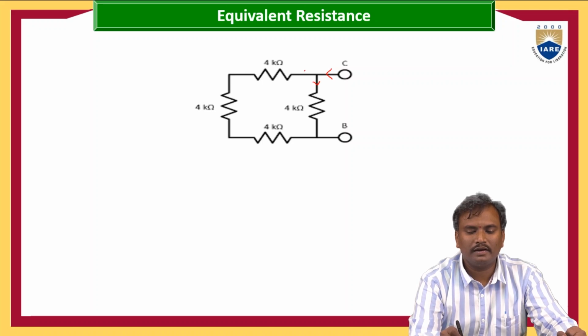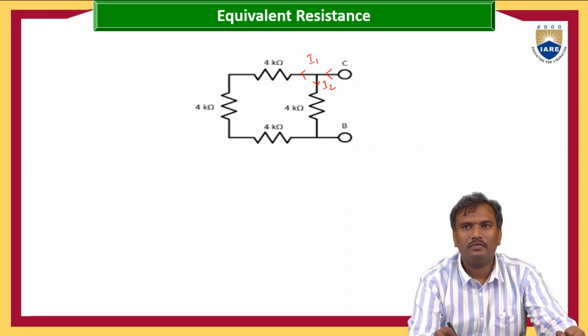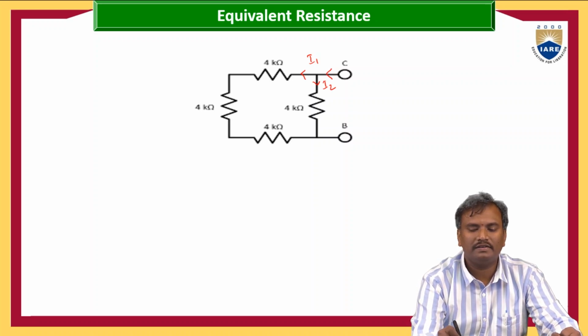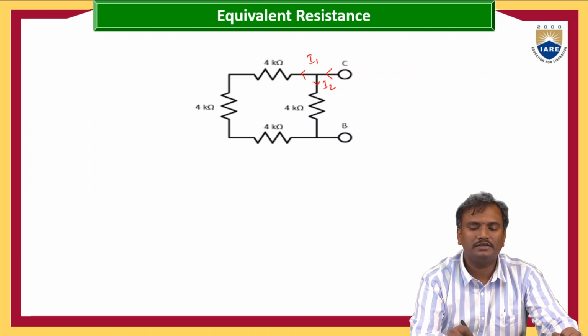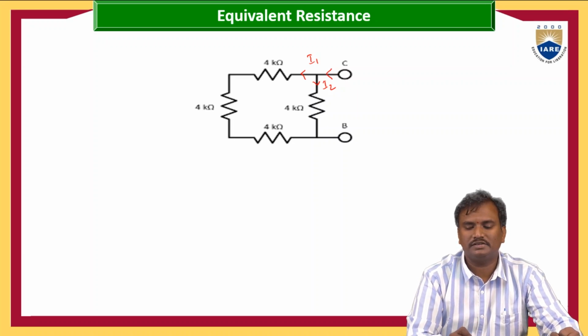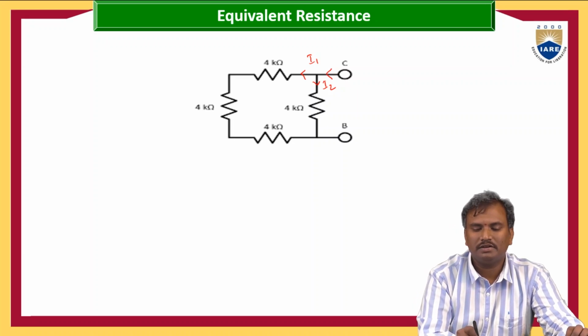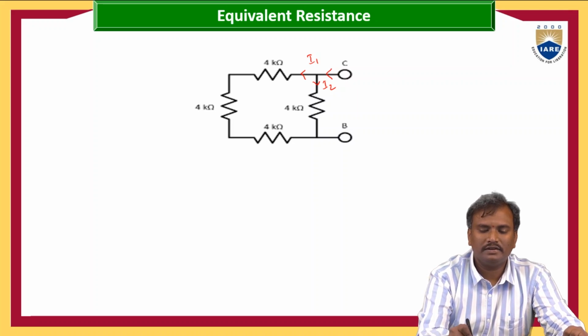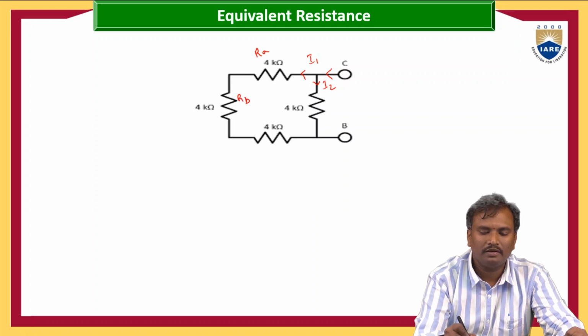So here the current is dividing, that is I1, I2. I2 current is flowing only in 4 kilo ohms and I1 current is flowing in all these 4 kilo ohm resistors.